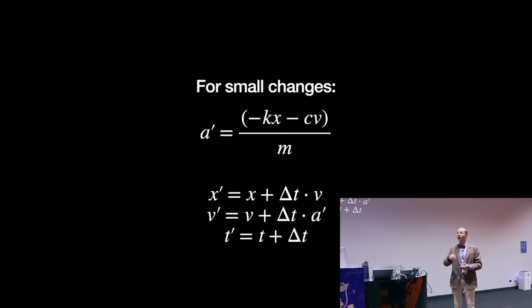But in order to calculate changes in position, we need both the velocity and the acceleration, so we'll also include those variables. Our acceleration is given by the sum of our forces divided by the mass. Our position is equal to the prior position plus the tiny change in time multiplied by whatever our prior velocity was. Our new velocity is whatever our velocity was before plus a tiny change in time multiplied by our new acceleration. And then our new time is just our old time plus the tiny change in time.